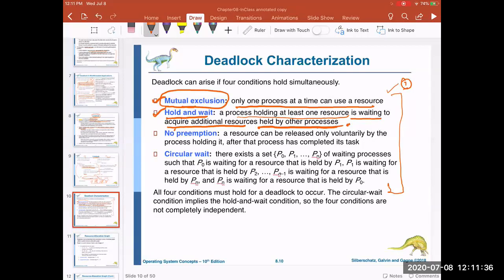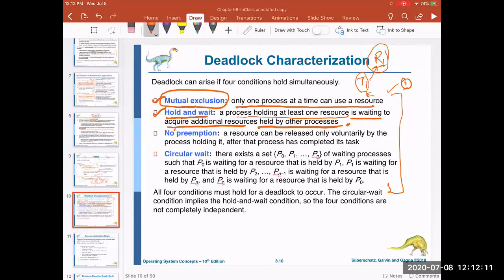Third, non-preemption. A resource once acquired by some process cannot be preempted. It means the resource becomes free only after it has been used and released. Let us suppose R1 is being used by T1; T1 cannot be preempted.